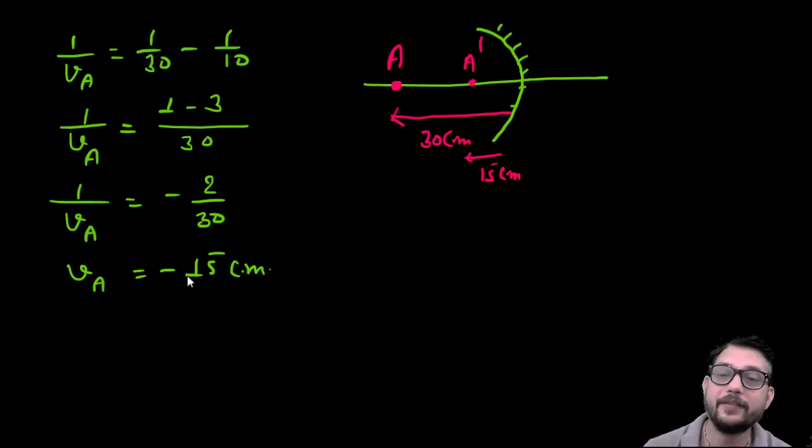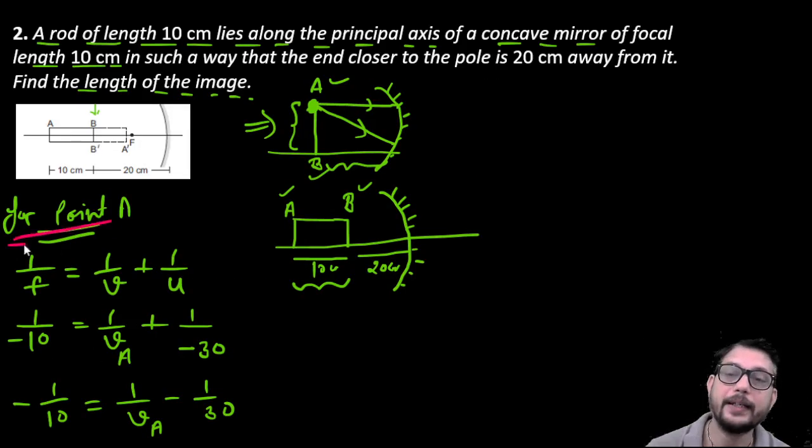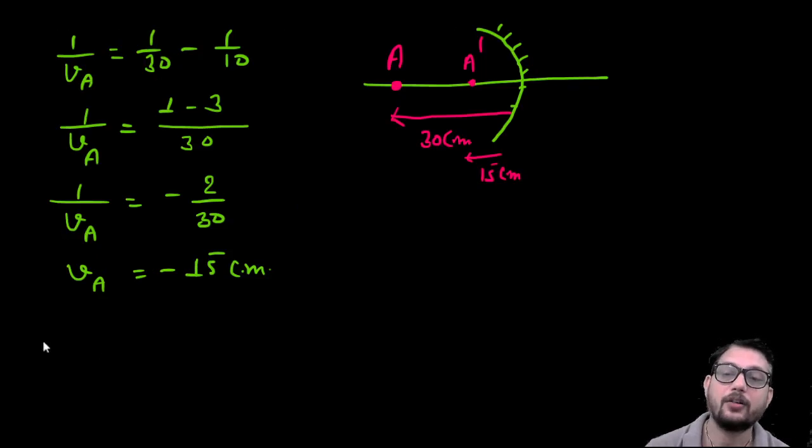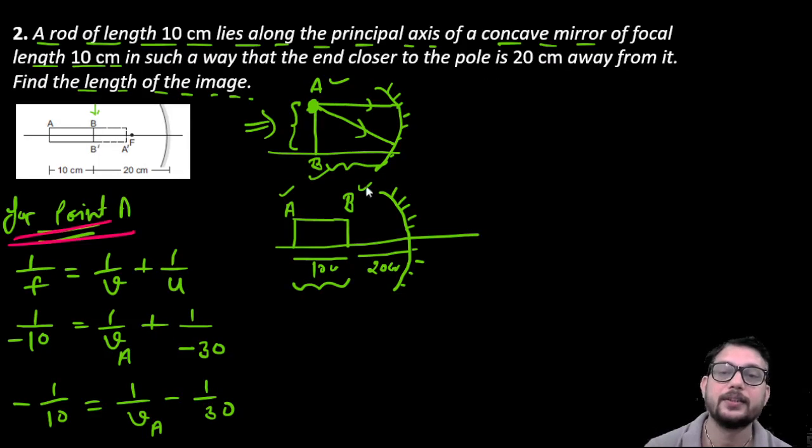Now in the same way we will discuss point B. As you can see in the diagram, point B is 20 centimeter away from the mirror.